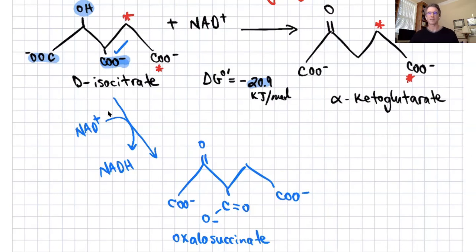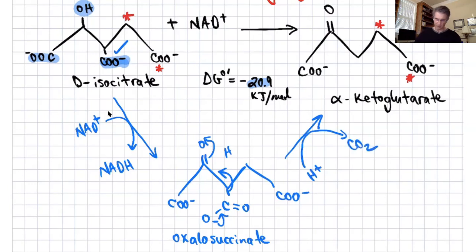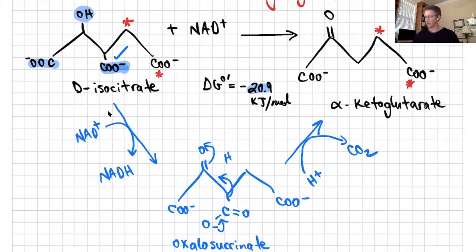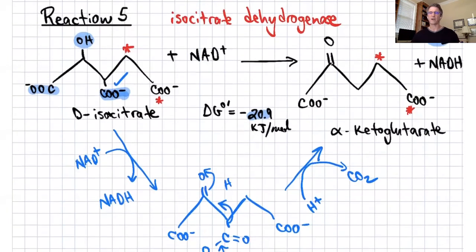Beta keto acids are intrinsically unstable, but if you give them an extra little kick, like a little base catalysis or a little acid catalysis, you can provide a proton and reverse this. So a little acid-base catalysis can dramatically help stimulate decarboxylation of that beta keto acid to give us alpha-ketoglutarate. It's a fairly straightforward reaction.